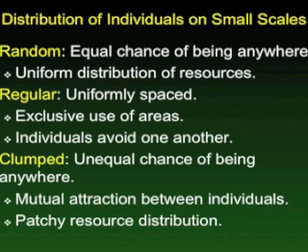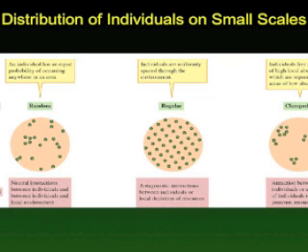The regular distribution, on the other hand, is usually associated with some sort of competition or fighting between groups that causes them to separate from each other, and they get this regular distribution. And then the clumped distribution usually indicates that there's some type of benefit for being together in a group, where the individuals may be helping each other or protecting each other from predators in some way. You think of herds of animals clumped together, or schools of fish, in order to prevent predation.